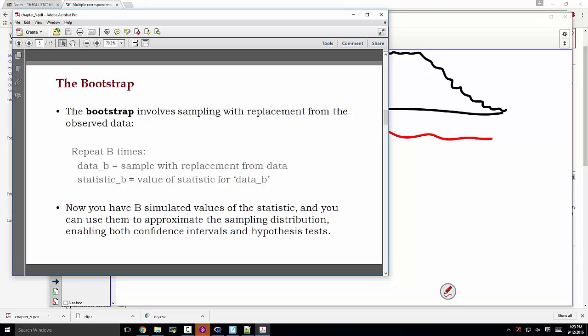It's called the bootstrap. And the idea is that for each of many times, capital B, we take our original data, so suppose we had those 100 postmenopausal women. What we're going to do is sample with replacement from them. So line up the 100 women and randomly pick one.